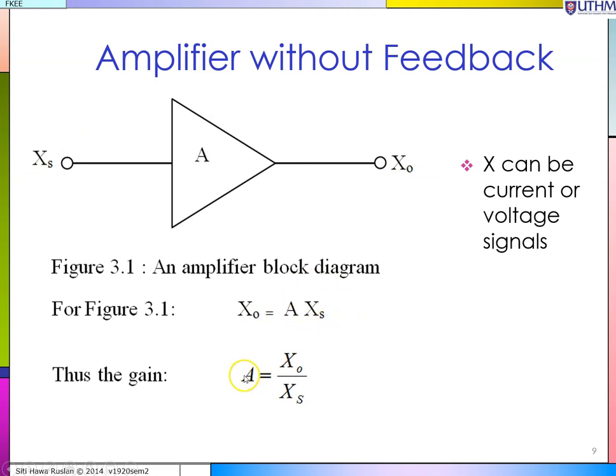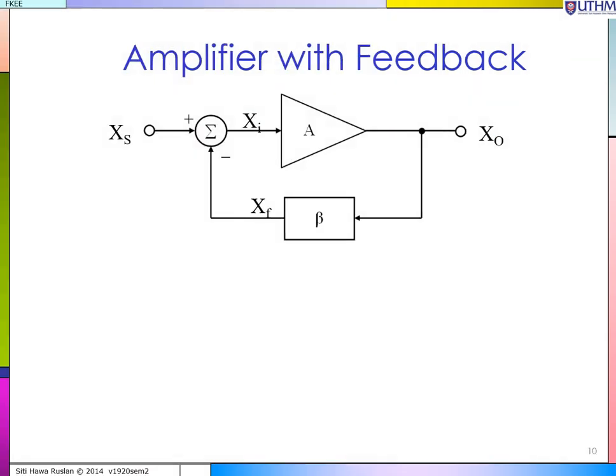The gain, defined as the output signal over the source signal, XO over XS, is the overall gain of the system without feedback. It could be voltage over voltage, voltage over current, current over voltage, or current over current, so we'll have 4 types of amplifier later on. The A is the open loop gain.